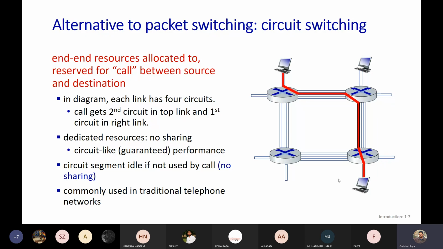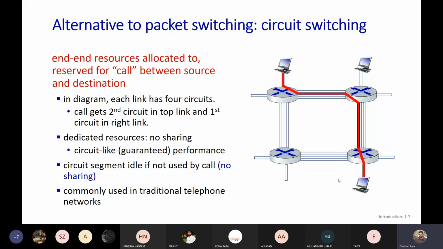For example, you can reserve the bandwidth requirement: I need a certain minimum bandwidth. So in circuit switching you need to establish a connection, and during that connection establishment, end-to-end resources are allocated to or reserved for a call from source to destination.